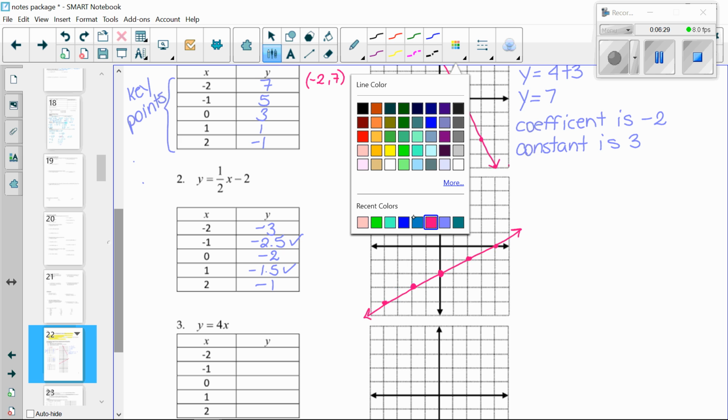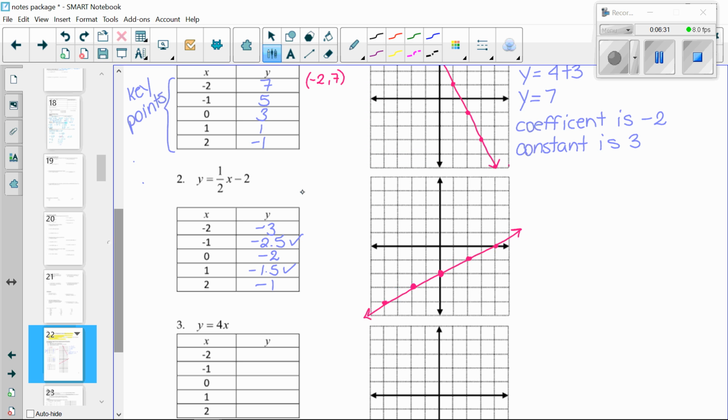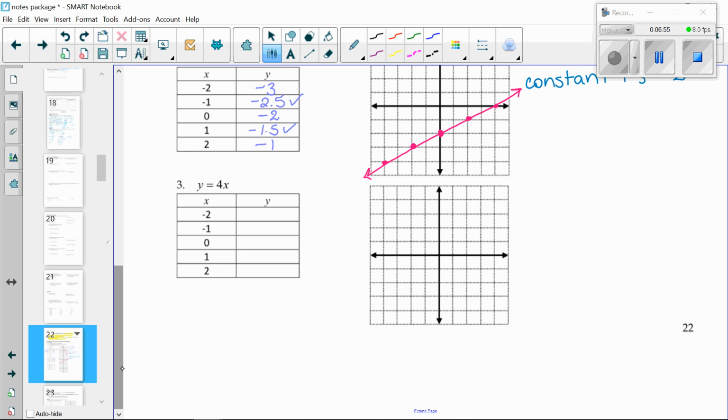So now our coefficient is 1/2. Our constant is -2. Okay? So now I want you to do the same thing with the third equation.